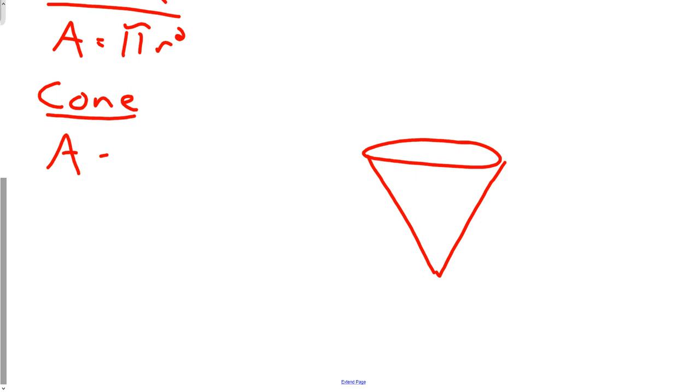You've got a circle on top. This one's going to look a little different. So it's times s. S means side height, or slant height sometimes.